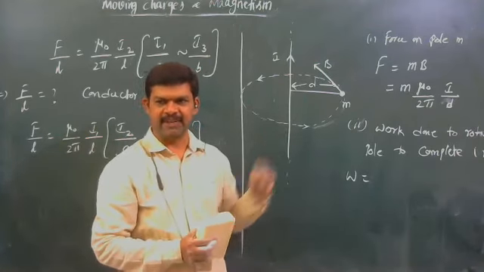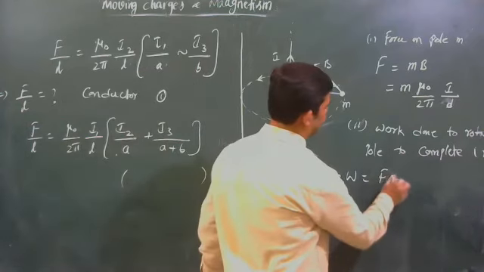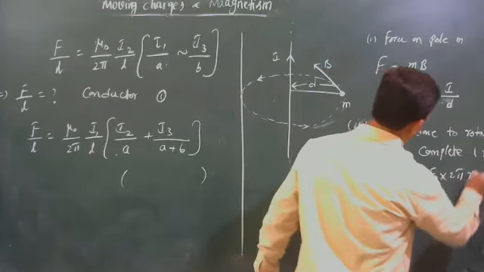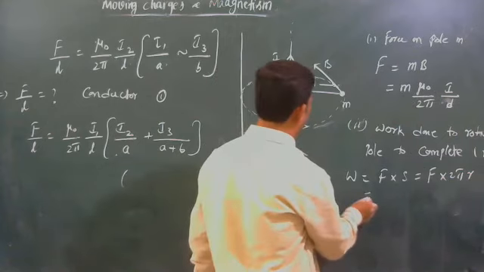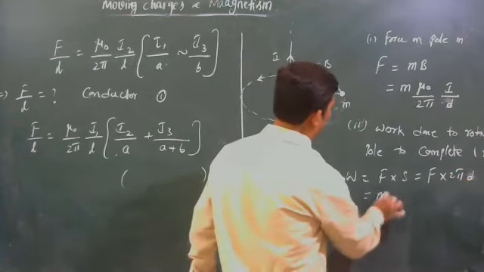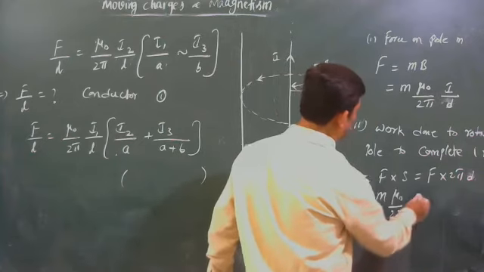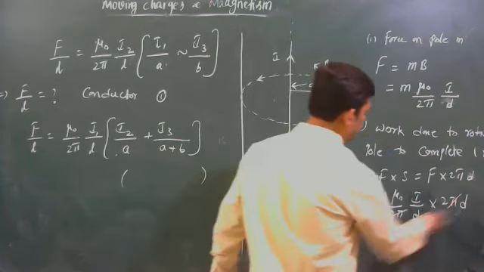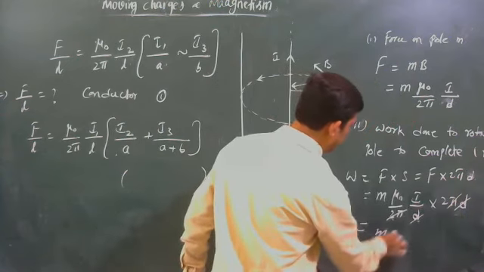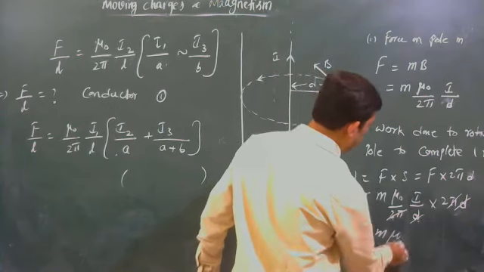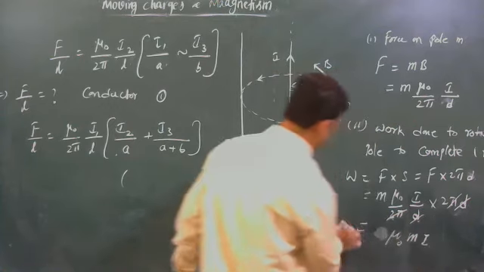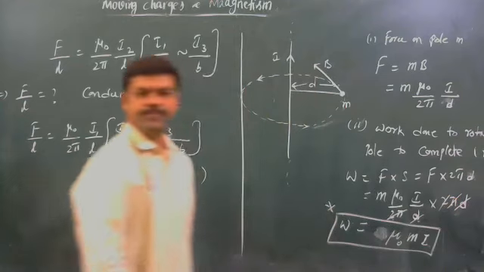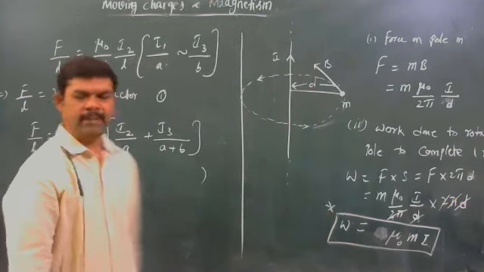In one rotation, the distance covered is 2 pi D. So work done is M into mu naught I by 2 pi D, into 2 pi D. The 2 pi and D cancel, so the work done is mu naught M I.